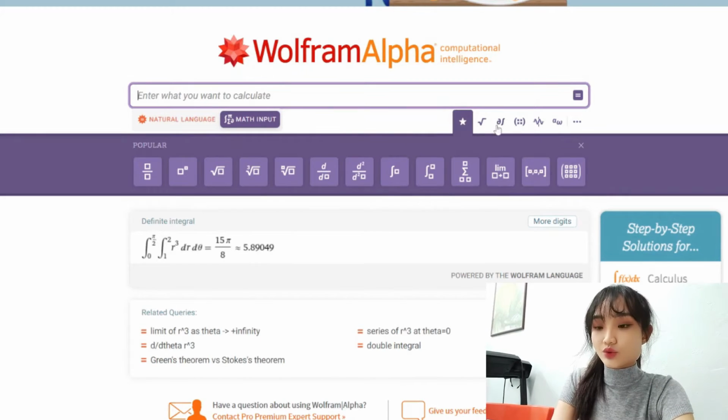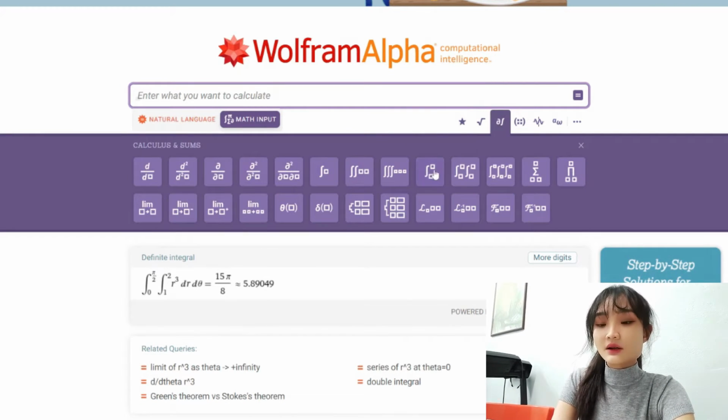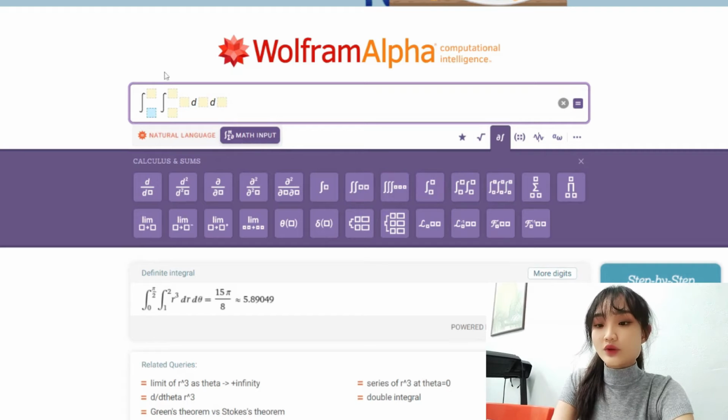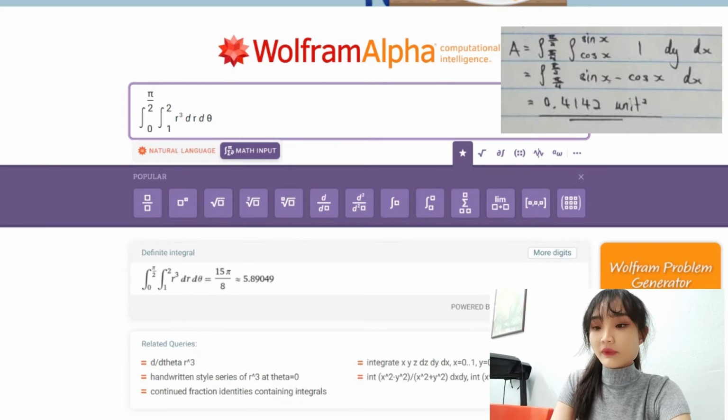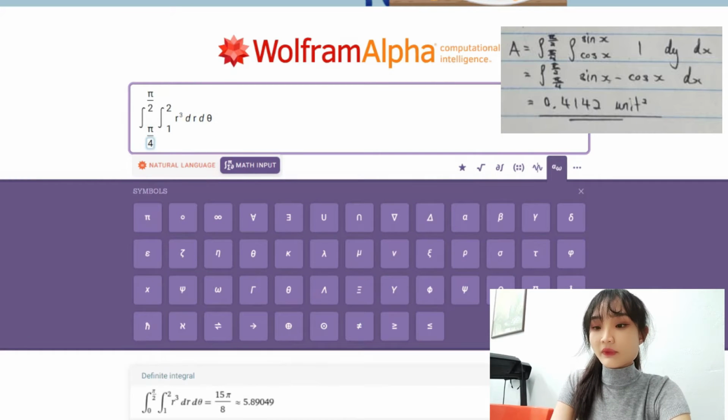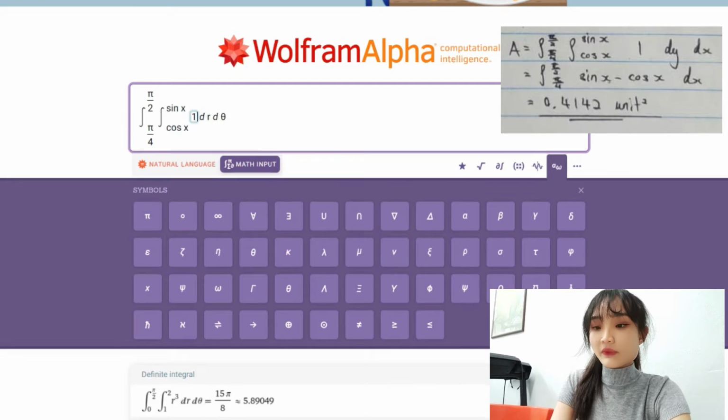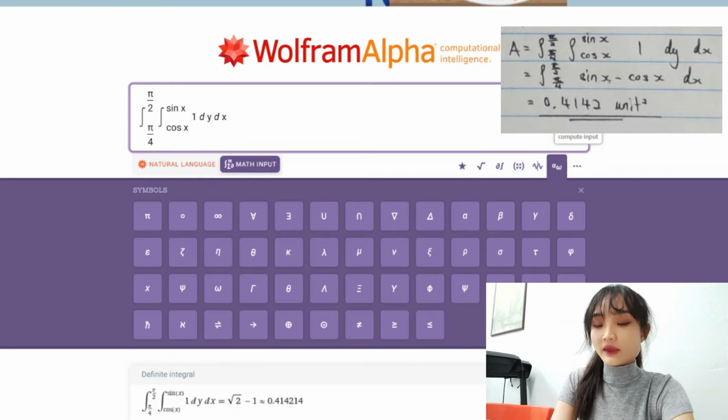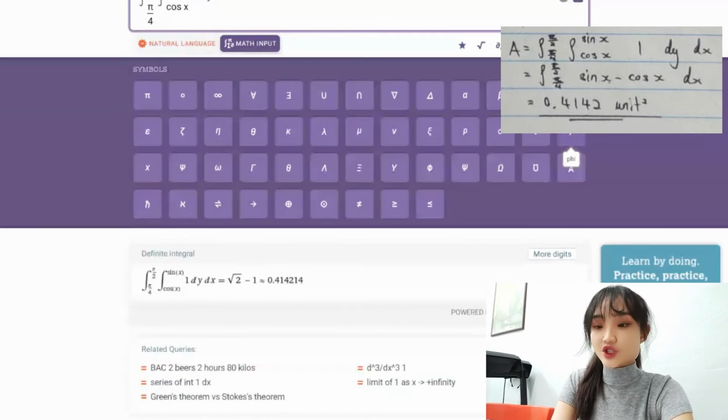For question C2, we do the same as just now, double integral, and then we type in all the values. And then we get the same answer, which is 0.4142.